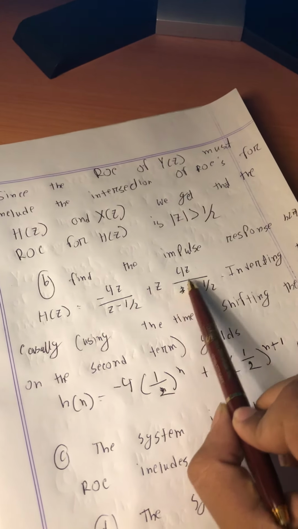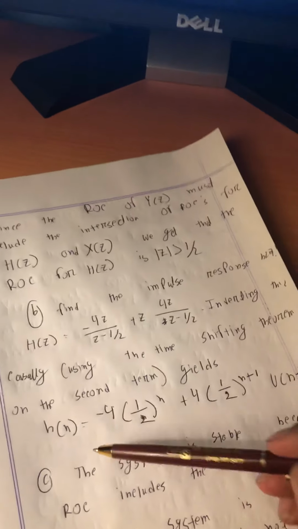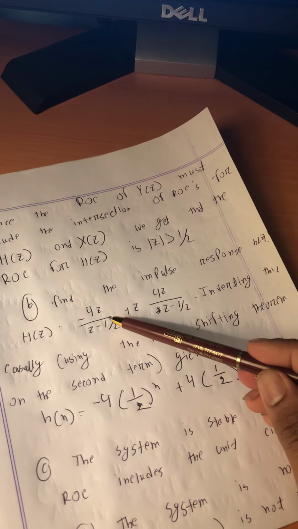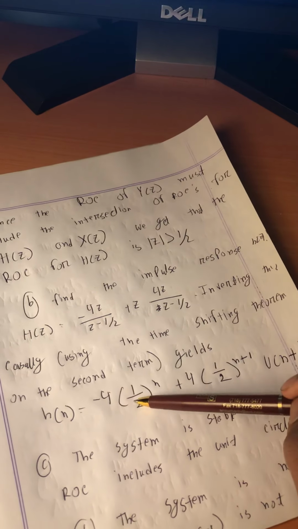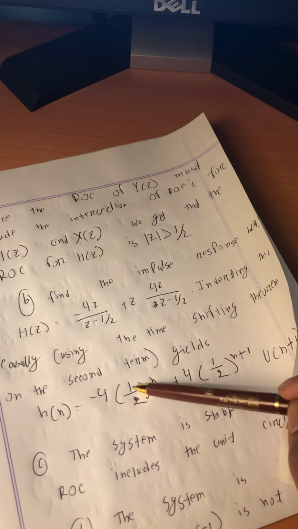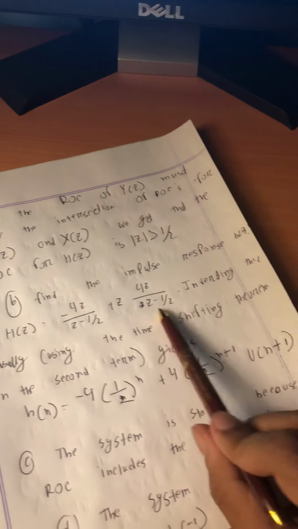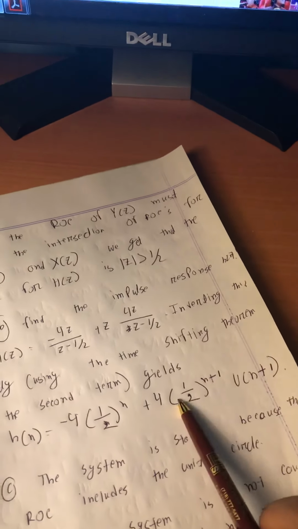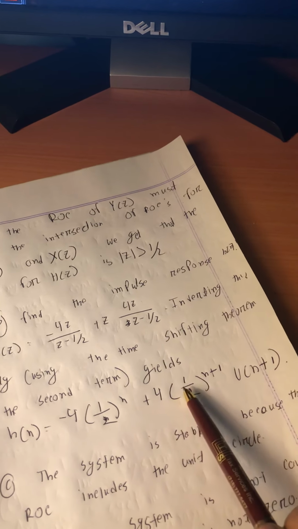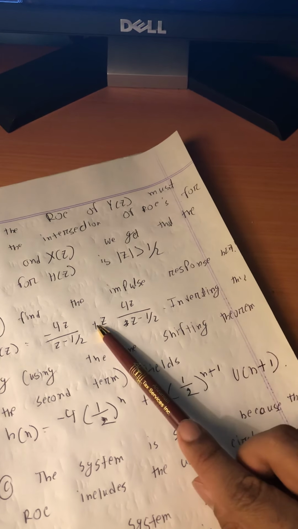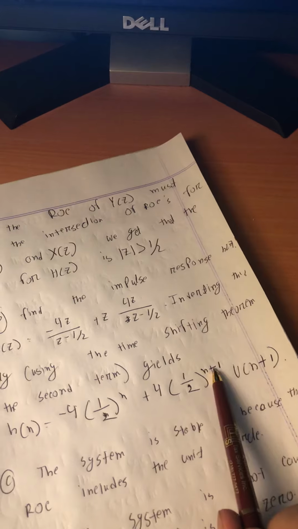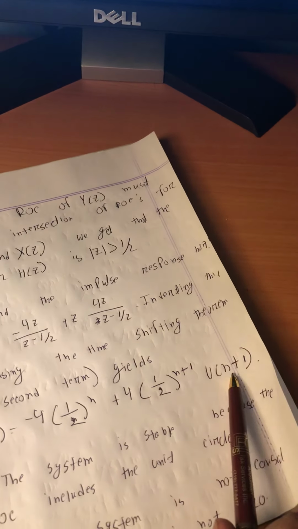Inverting this causally, using the time shifting theorem on the second term, we get h[n] equals negative 4 times (1/2)^n u[n], since I'm taking the negative outside, plus 4 times (1/2)^(n+1) u[n+1], because I have a z that's getting multiplied with this term, so this becomes n plus 1.